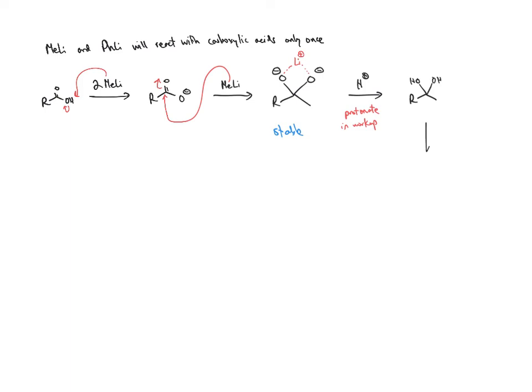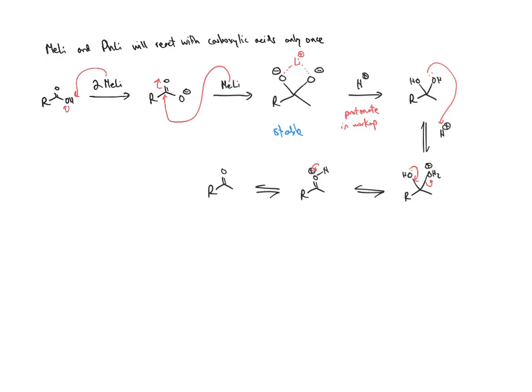And that gem diol, under acidic conditions, can, of course, react with a proton source to protonate one of the two alcohols, and you get loss of the leaving group water with collapse of that intermediate to give you a protonated ketone, which then, of course, can undergo deprotonation to give you just the regular ketone.